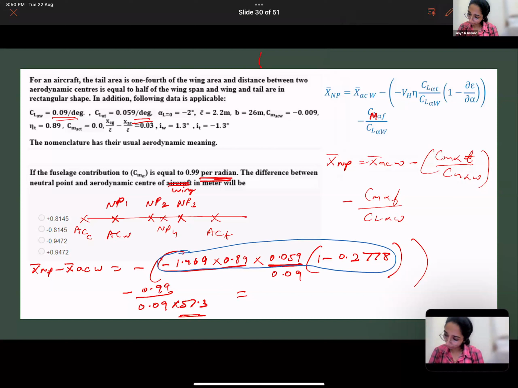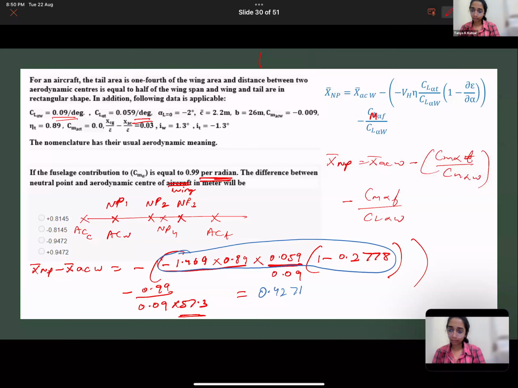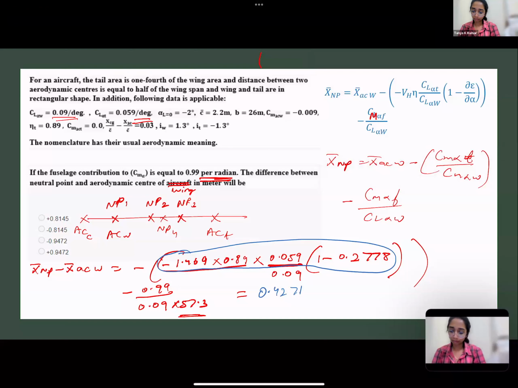I'm getting something around 0.4271. Are you getting this? Just let me know if you're getting a different value.